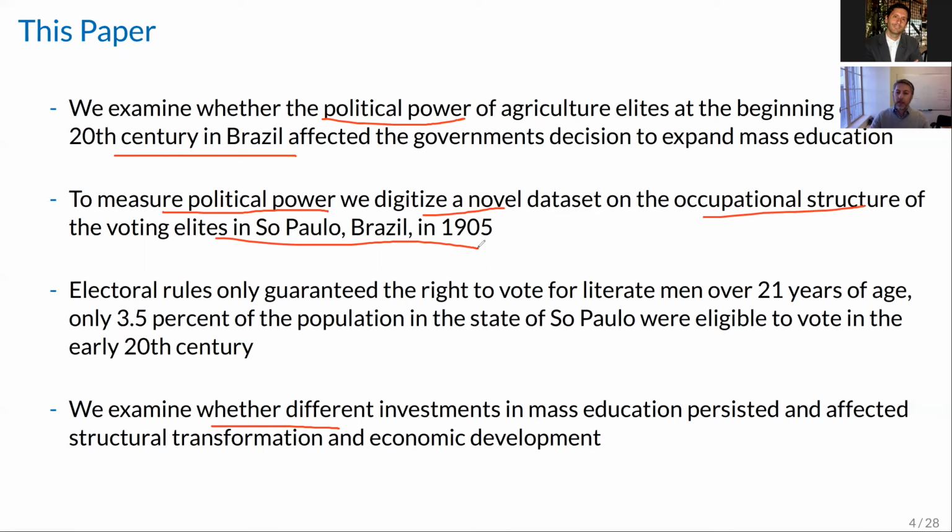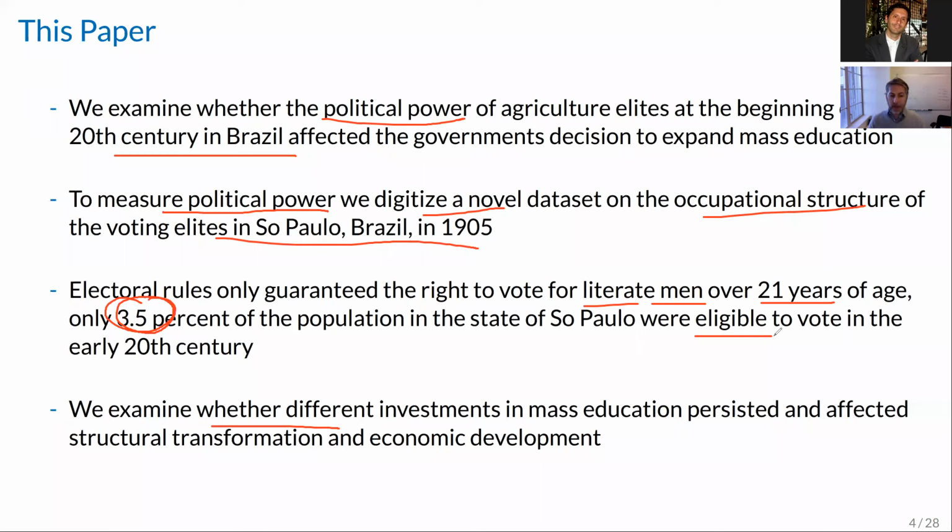And the occupation of who voted is important because at the time you could only vote if you were a man, literate, and at least 21 years old, which meant that for the state of São Paulo, which at the time, and still is, the largest in terms of population and the richest state in Brazil, only 3.5% of the population of the state were eligible to vote, okay?